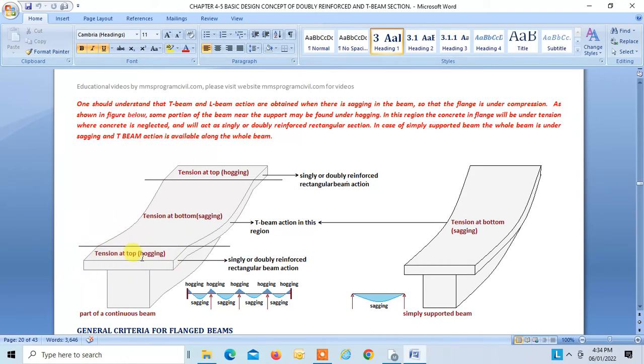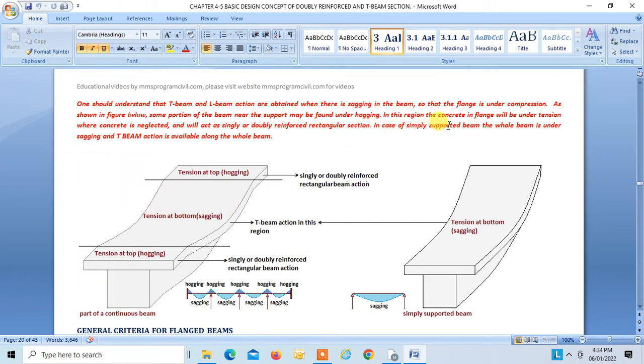That is why in this region and in this region, the section will be designed as a rectangular section. Whereas in between, there is sagging, so the tension is at the bottom, and at the top the flange is under compression. So in this region you will get a T-beam action.